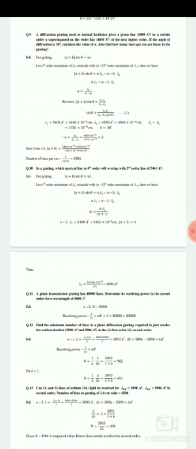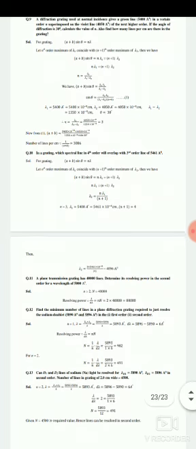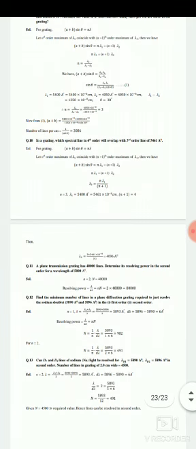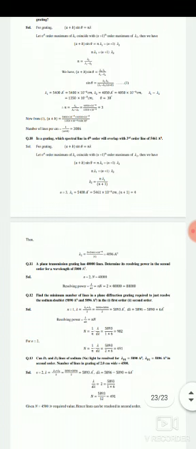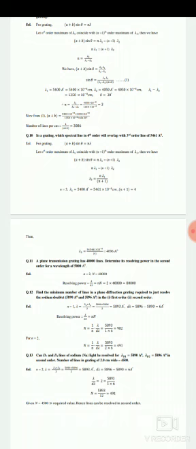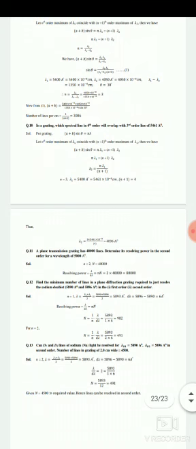Then for (a plus b) sin theta, just put n in equation 1 or equation 2. Here we solve for sin theta, and putting all the values, we calculate n.